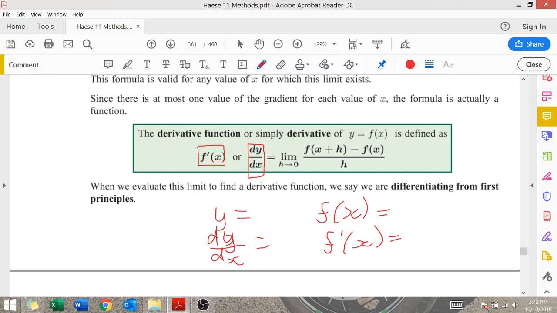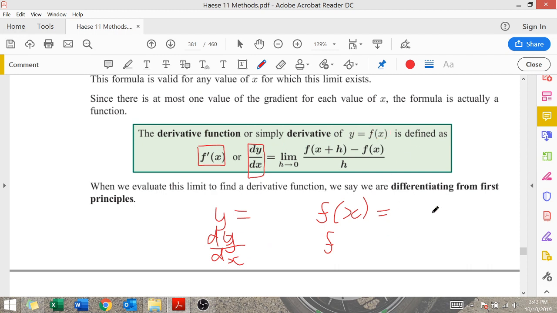Both of these terms describe the derivative or slope function of either f of x or y, and we have been finding it using first principles. This fantastic thing here, which I'm sure you've grown to love and cherish and cry about every single night before you go to sleep.